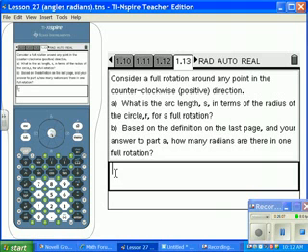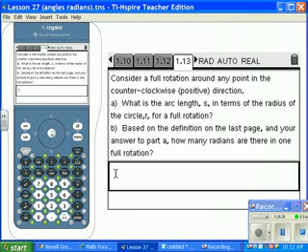Okay, so you just told me that for a full rotation it's going to be what? 360.